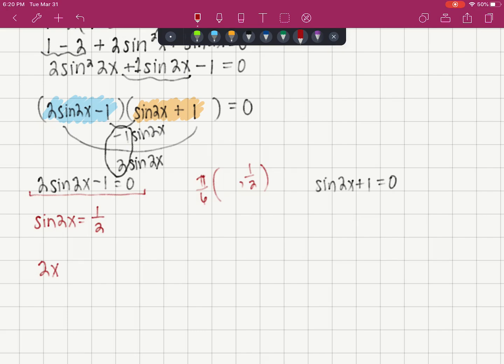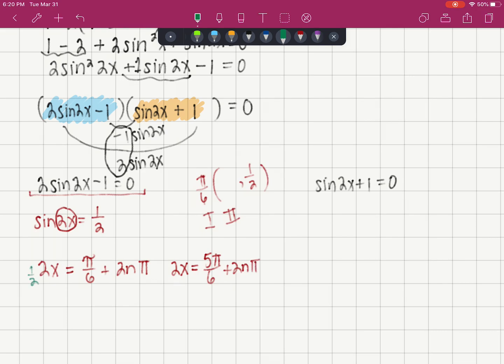We have a pi over 6 angle in quadrant 1 and in quadrant 2 that gives us a positive 1/2 for sine. So we've got 2x equals pi over 6 plus 2n pi, and the angle also equals 5 pi over 6 plus 2n pi.